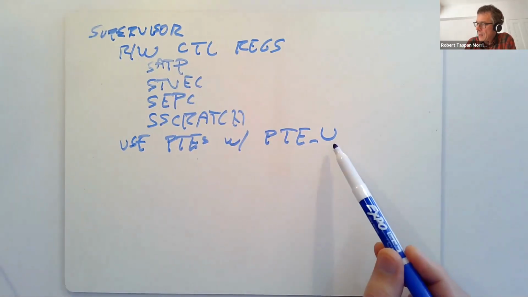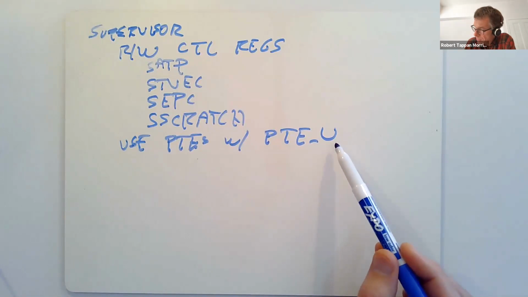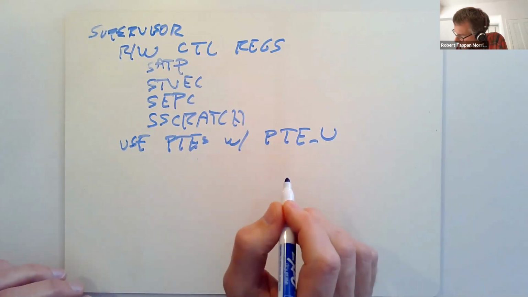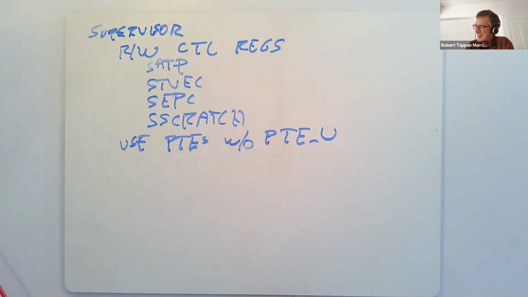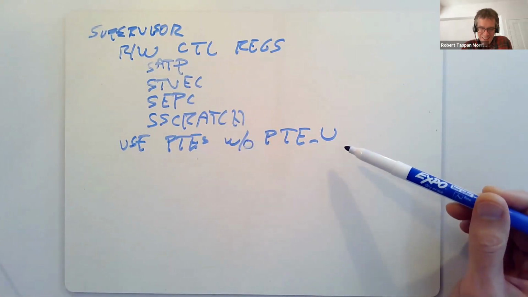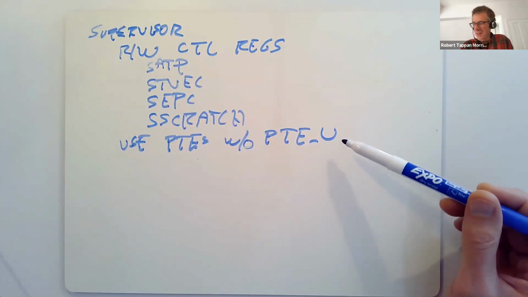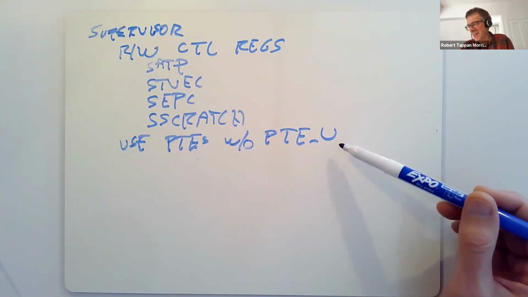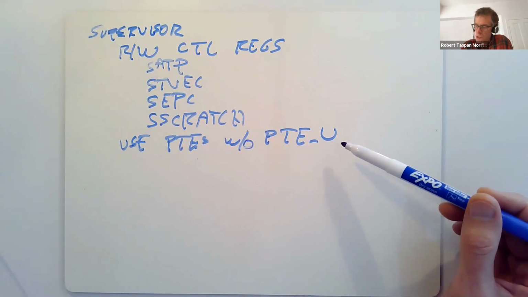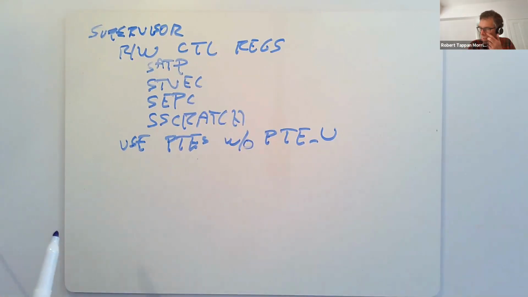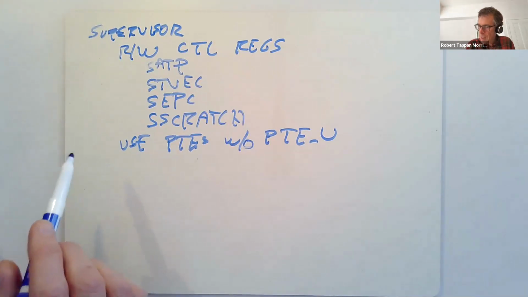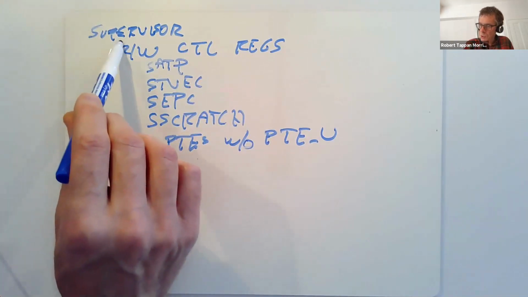If the PTE_U flag is set, it means that user code can use that page table entry. If this flag isn't set, it means only supervisor mode can use it. We'll see that's important in a little bit, but these are really the only things that supervisor mode can do. It can't do anything else.